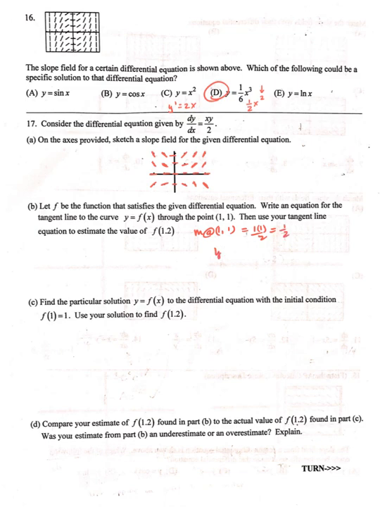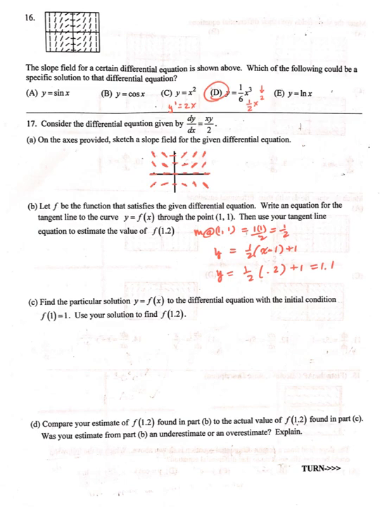So my tangent line is y equals m times x minus x1 plus y1. All right. Now, if I substitute in 1.2, right, I'm going to get y equals 1/2 times 0.2 plus 1, which is 1.1.